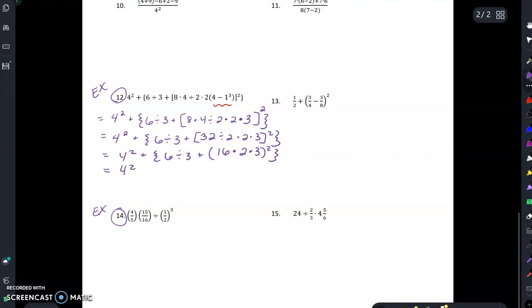And then 4 squared plus 6 divided by 3 plus the 16 times the 2 is 32. And then I could actually just keep going there and times by the 3 and get 96.